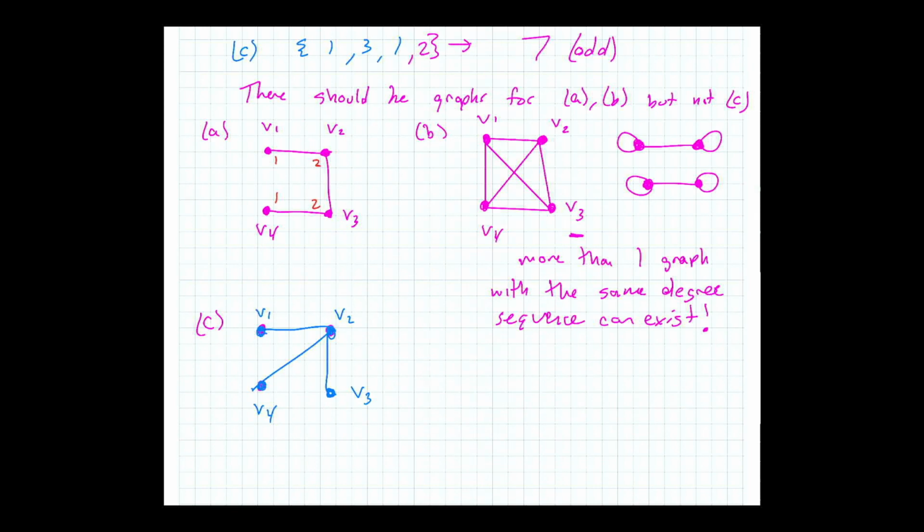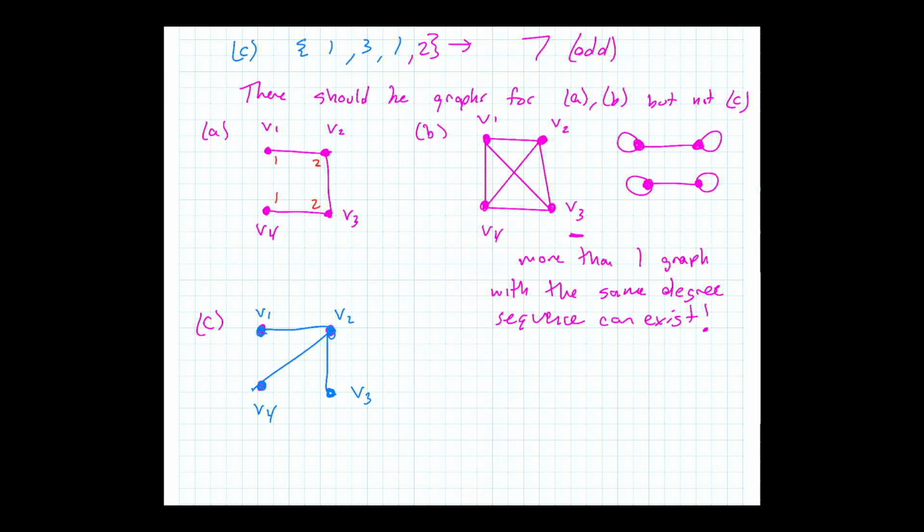Now vertex 3 is supposed to have degree 1, which it has. So right now, vertex 1, vertex 2, and vertex 3 are 1, 3, 1. That's fine. And then the fourth vertex is supposed to have degree 2, but right now it has degree 1.